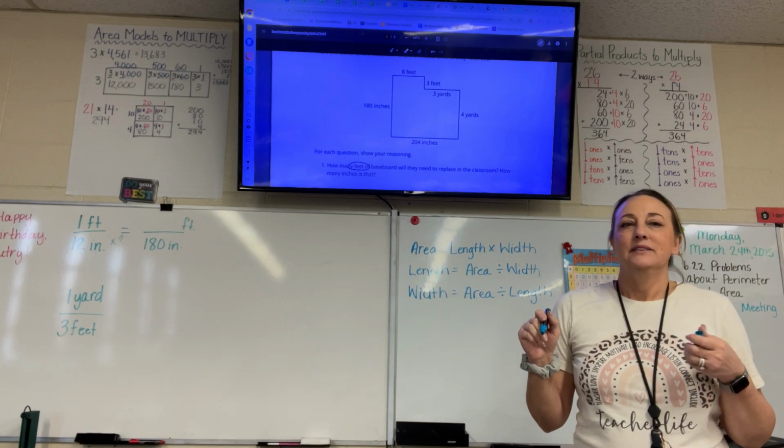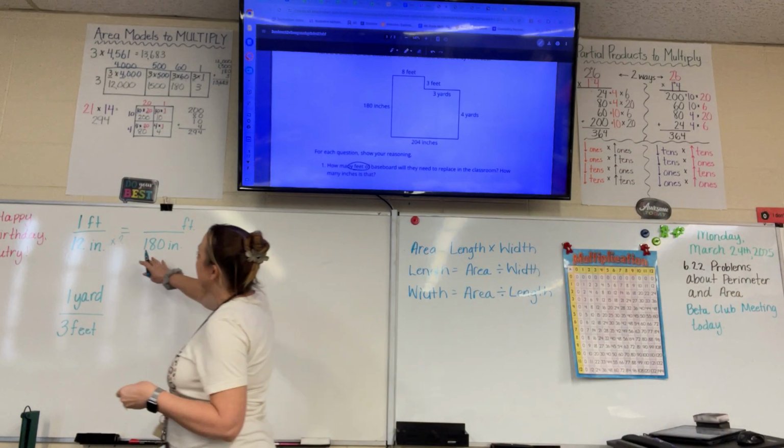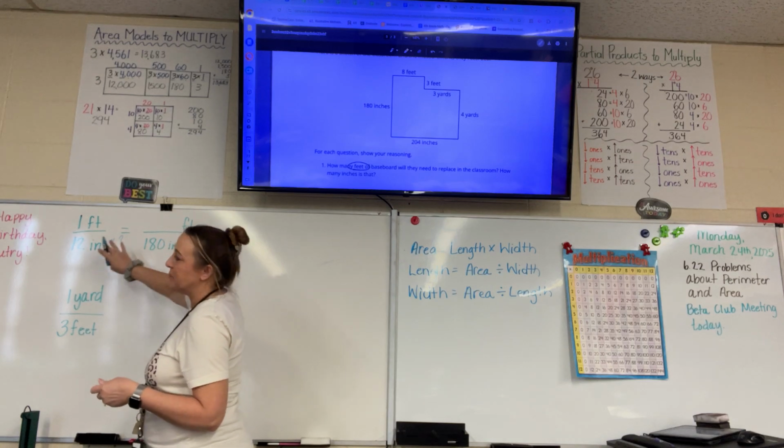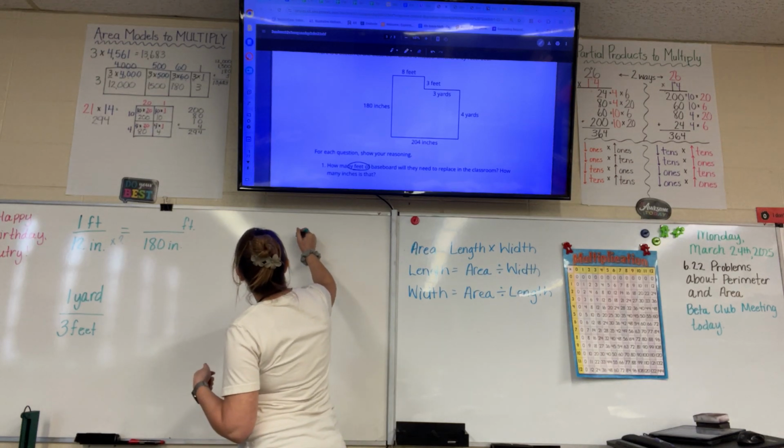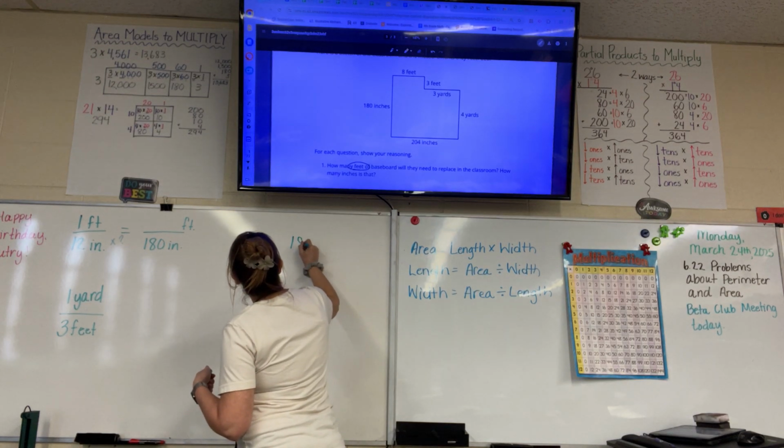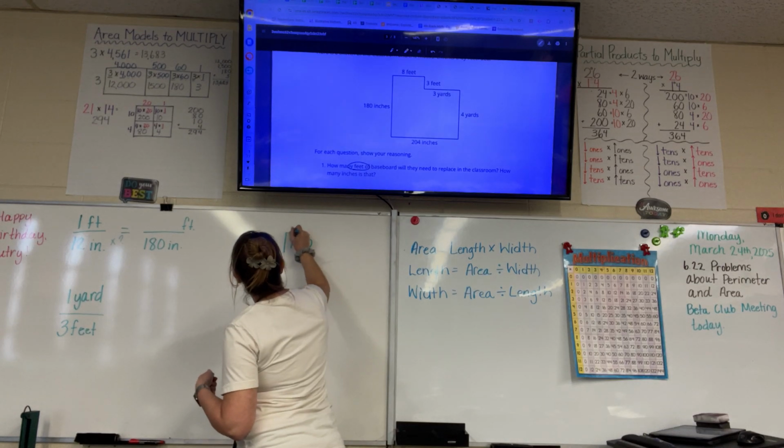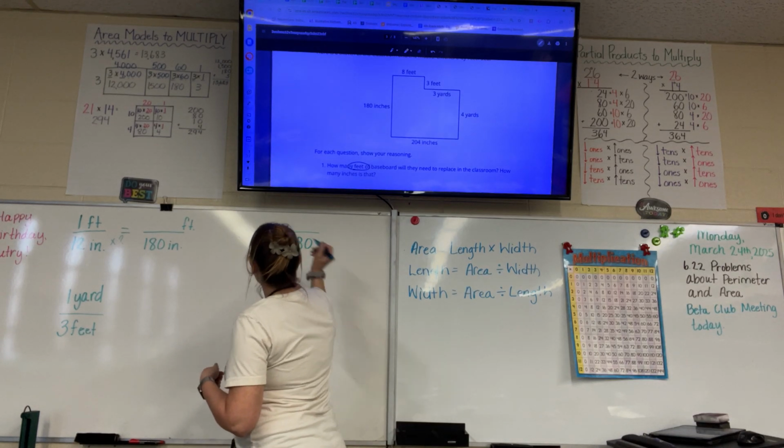Divide. Yes. So we have to divide here to figure out what we multiply 12 times to get 180. So we are going to divide 180 by 12.